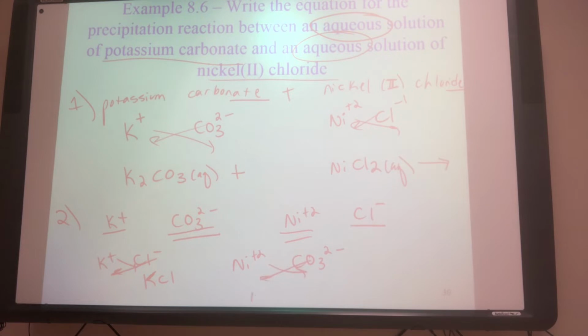Cross down, I get Ni2(CO3)2. But since they're both 2's, I can reduce that to get NiCO3. And you can leave the parentheses here if you want, or you can take them away.